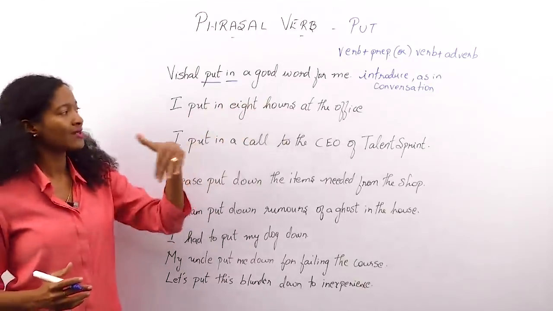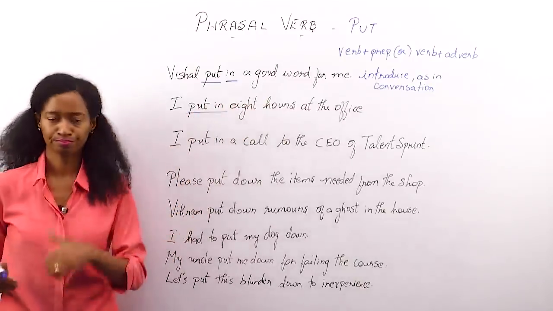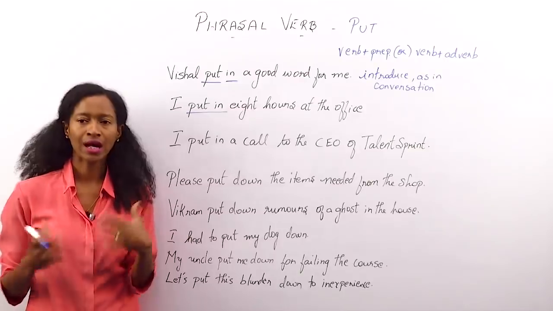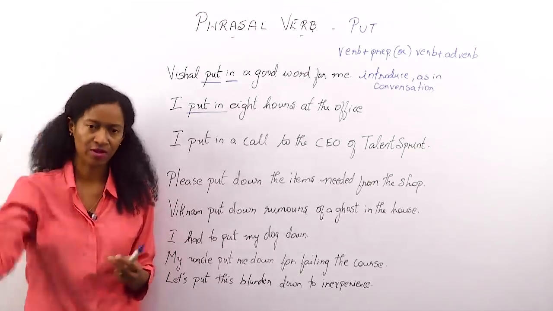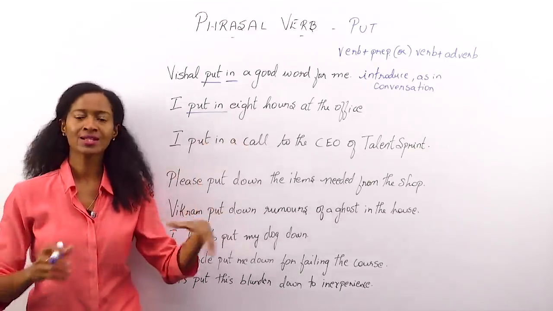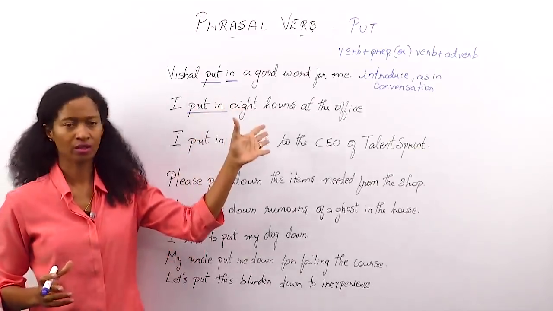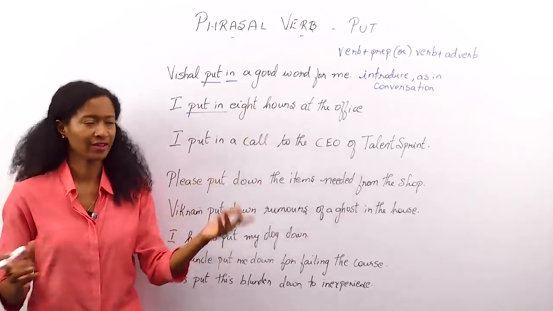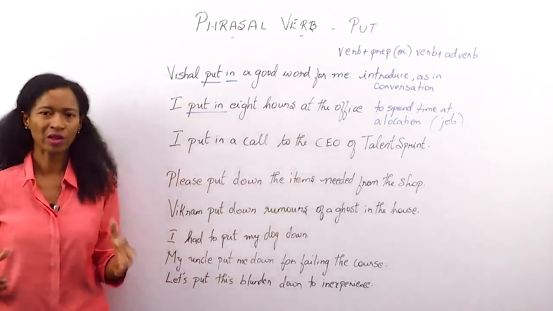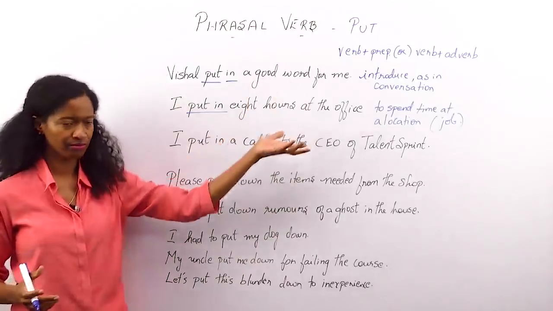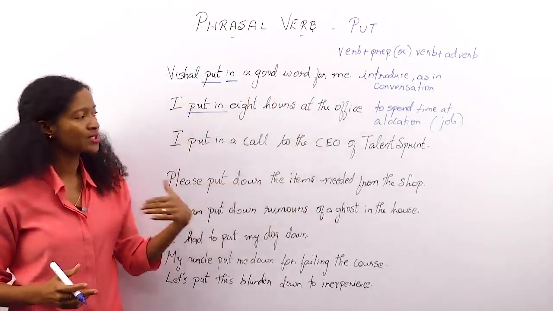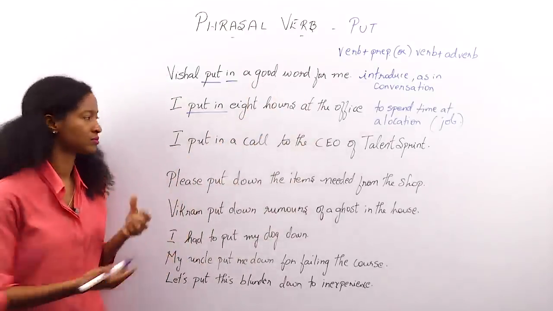I put in 8 hours at the office. Put in again in a different context. Office means what? In this context, it's spending that time in a specific location or job, right? Because it's specified, at the office. So to spend time at a location, in this context, the job. I put in a call to the CEO of TalentSprint.